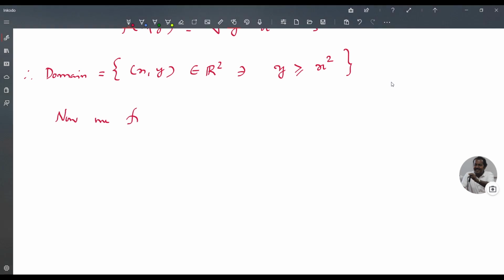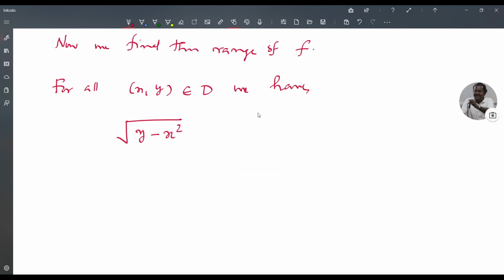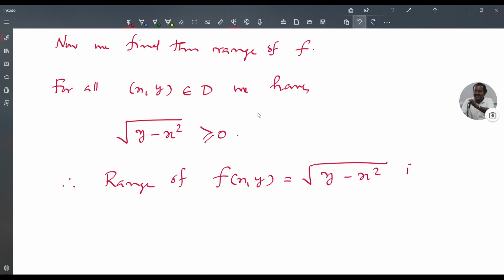Let the domain be D. Then for all x, y in D, we have square root of y minus x squared is greater than or equal to 0. Therefore, the range of f of x, y equal to square root of y minus x squared is the set [0, infinity), closed at 0.